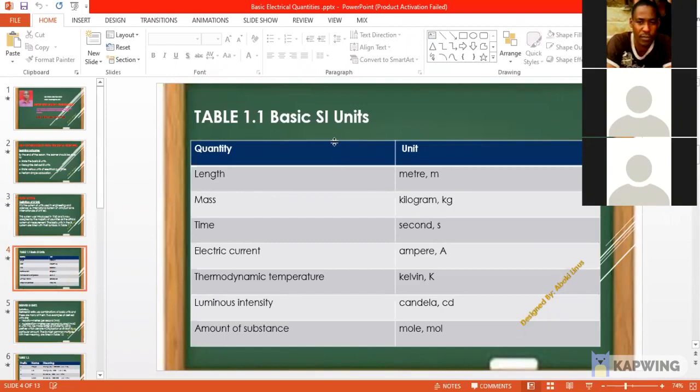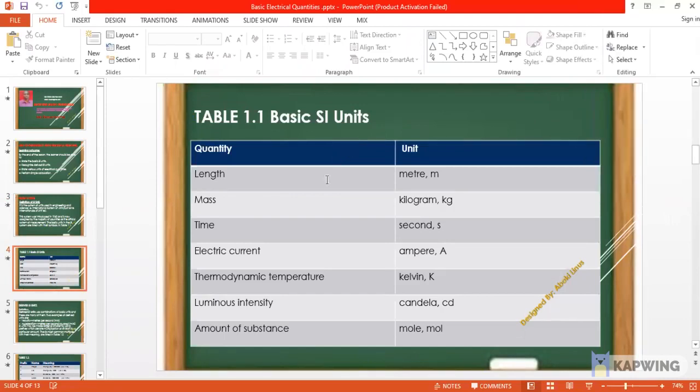We also have time, which is given as second. We have electric current, and thermodynamic temperature given as Kelvin, denoted by K. We also have luminous intensity, which is candela. Then we have the amount of substance, which is given by mole.